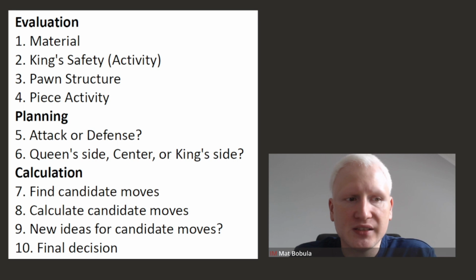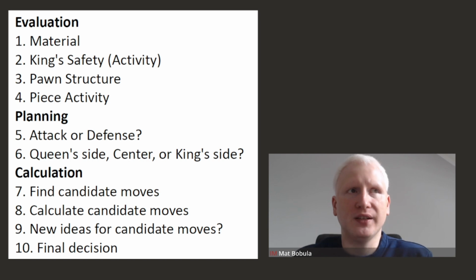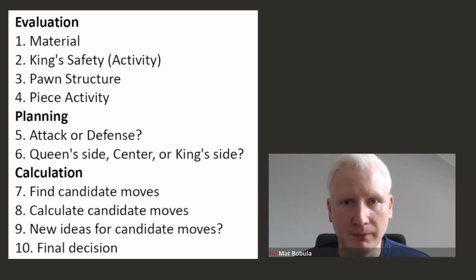If you realize that most of your advantages are on the king side, focus there. If, for example, you realize that your opponent has got big advantages in the center, then probably you should defend in the middle.